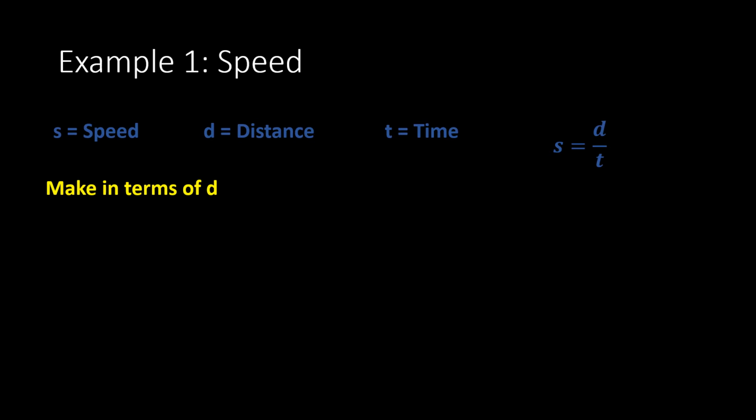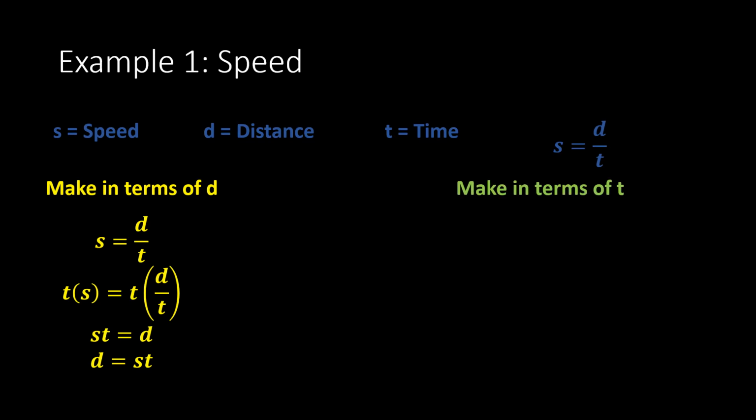Using the formula S is equal to D over T, multiplying both sides by T by the multiplication property of equality, we have ST is equal to D. By the reflexive property, distance is equal to speed times time. So the answer is D is equal to S times T, or ST.